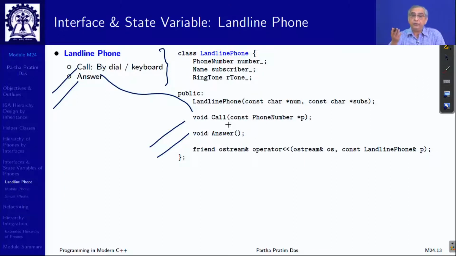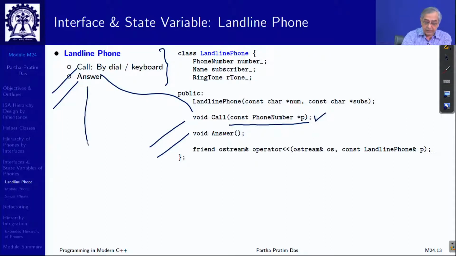What does it need to know for the call? At least it certainly needs to know the phone number. Here I have taken a const pointer, it could be a const reference also, it does not matter, I am not going into those details, but the basic idea is that it has to make a call, and that is what is identified by this particular method.